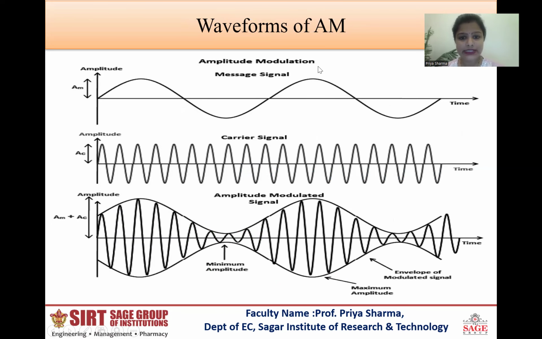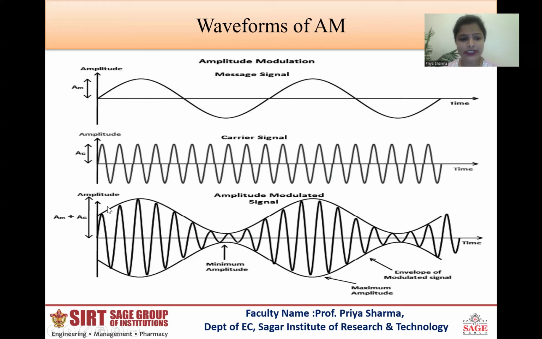Suppose this is our message signal, whose amplitude is given as Am. It is the instantaneous amplitude of the message signal. Ac is the instantaneous amplitude of the carrier signal. This is the high frequency carrier signal. When these two are mixed in the modulator, this type of wave is created, where the upper portion is known as the envelope, which is the message signal.